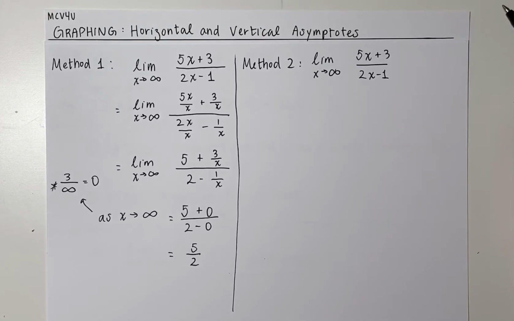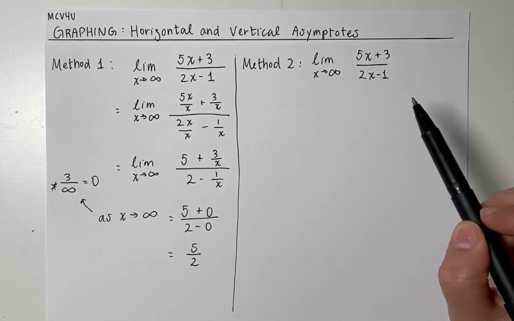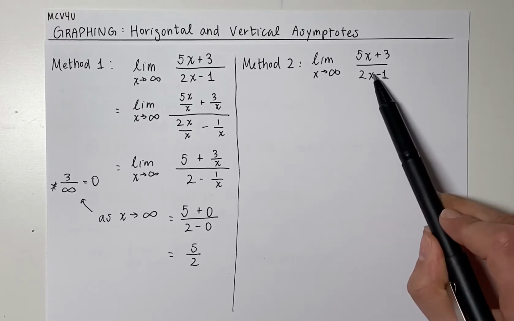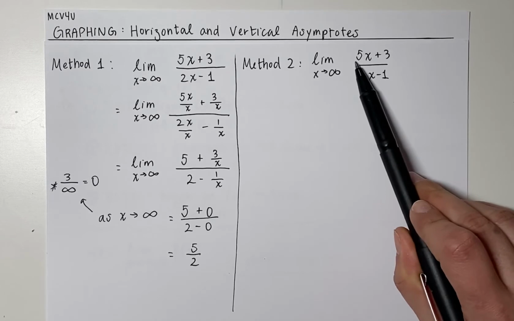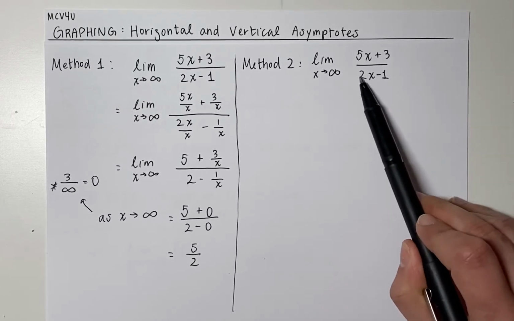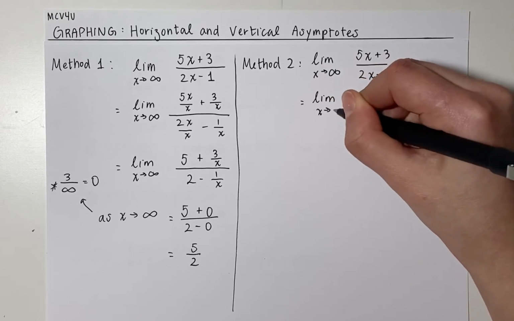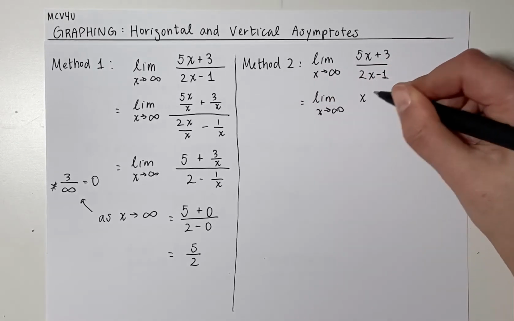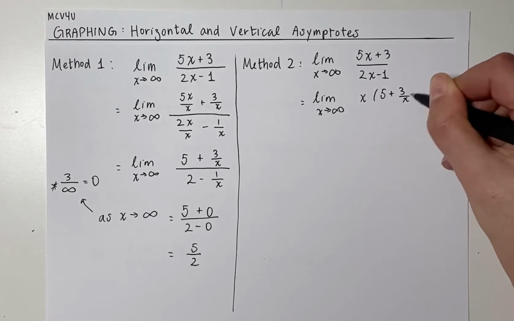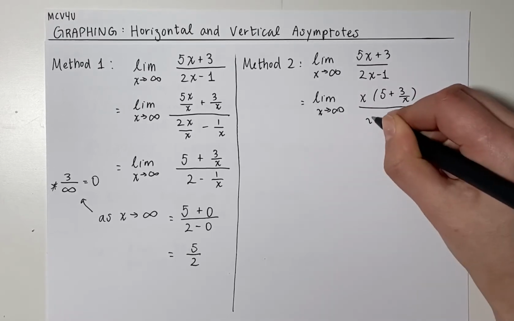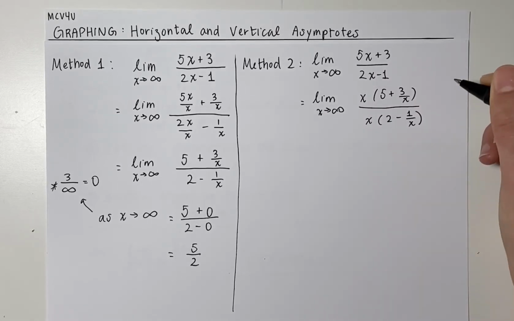Okay, so the highest degree of the numerator is x to the power of 1, and the highest degree in the denominator is once again x to the power of 1. So in the numerator, we're going to factor the x, and the denominator will also factor the x, which gives us 5 plus 3 over x, and 2 minus 1 over x.